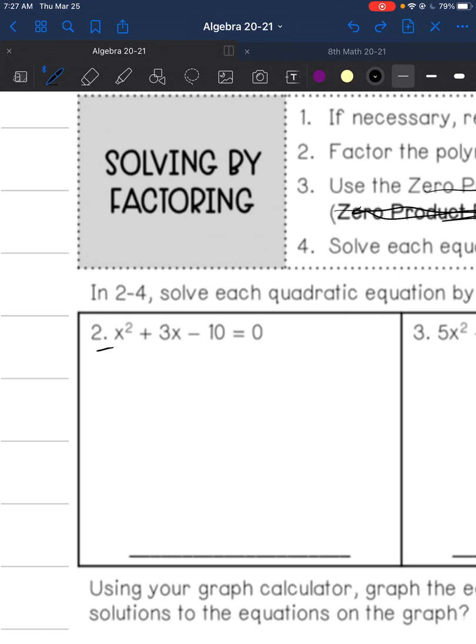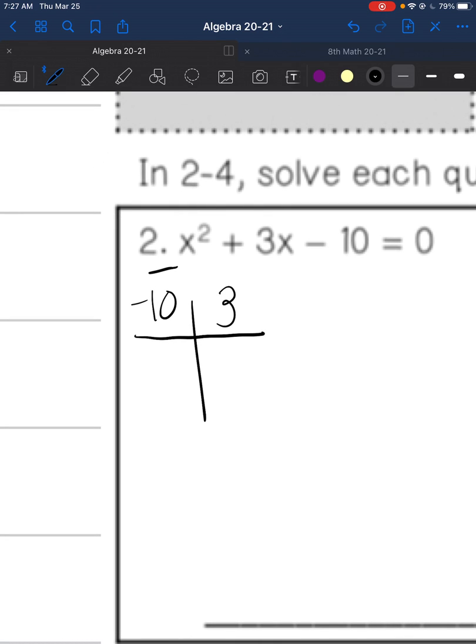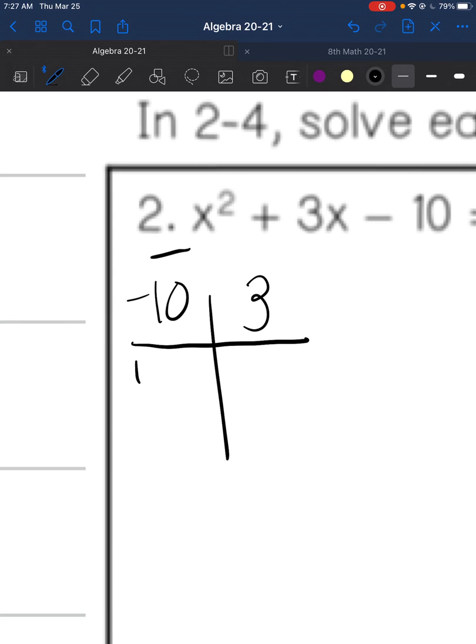So in our little table, I need a product of negative 10 that adds to positive 3. The factors of 10 are 1 and 10, 2 and 5. Our product has to be negative, which means one of our numbers is negative.